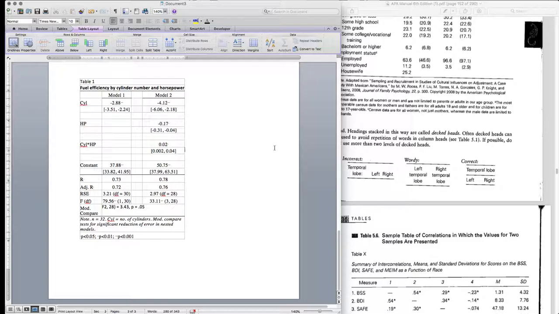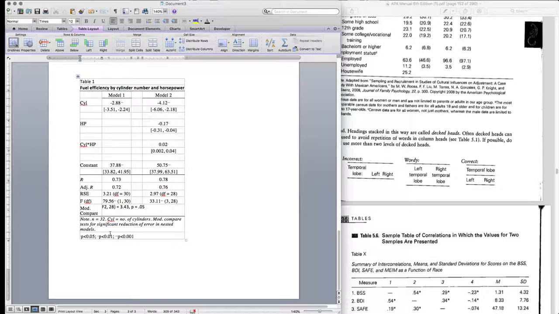The other things you'd have to do here is go through and adjust things that should be superscripts, make them superscripts in the table. All statistical abbreviations would be italicized, so you're going to run through all those.